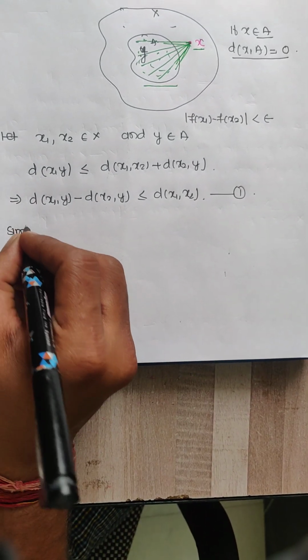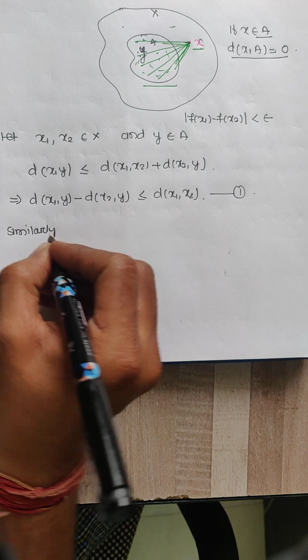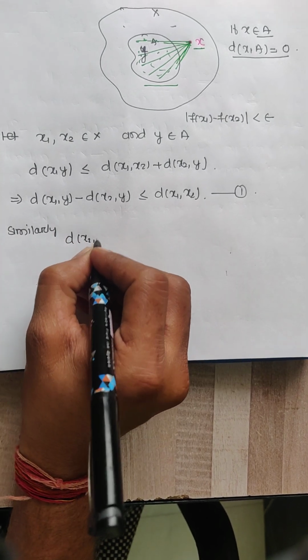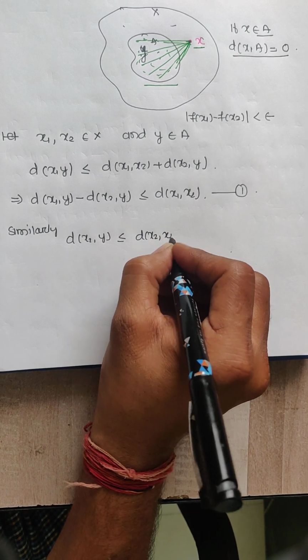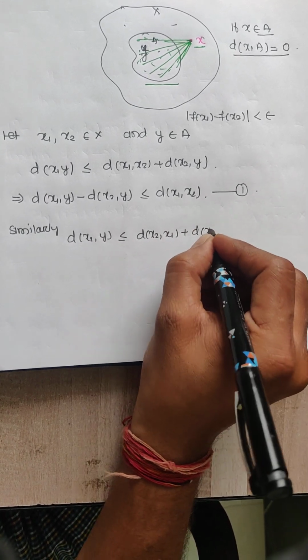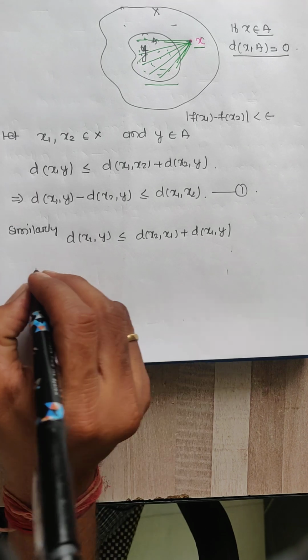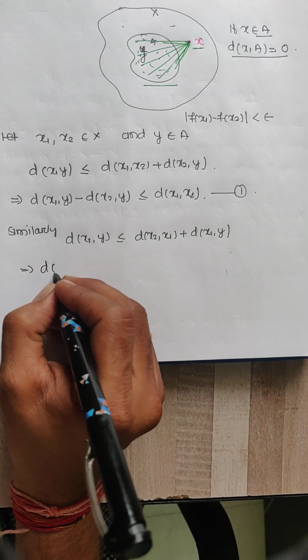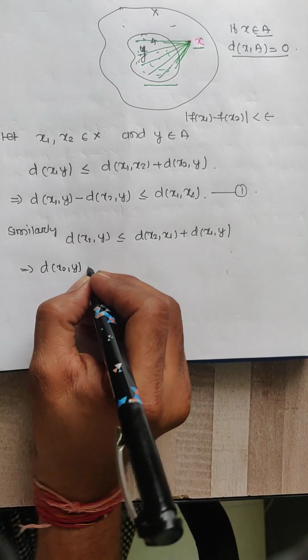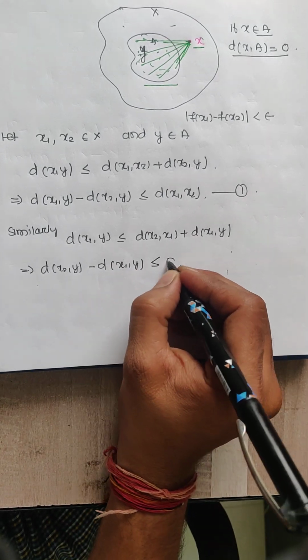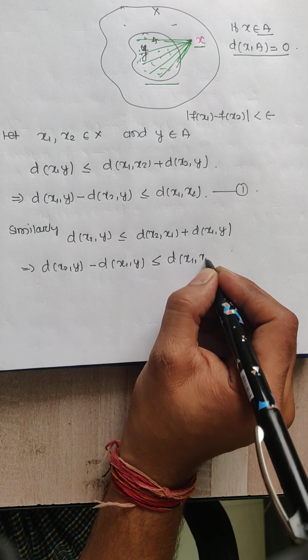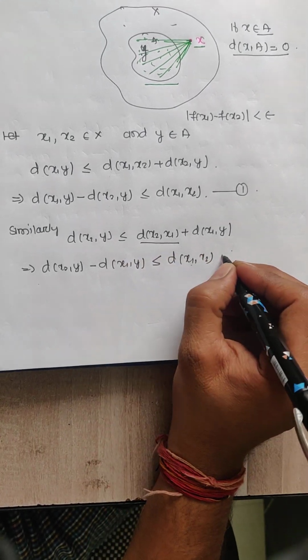Similarly, I can say that distance between x2 and y is less than or equal to distance between x2 comma x1 plus distance between x1 comma y, which implies distance between x2 comma y minus distance between x1 comma y is less than or equal to distance between x1 and x2, because of the symmetry. That is equation 2.